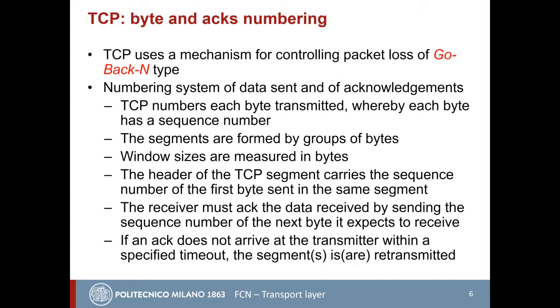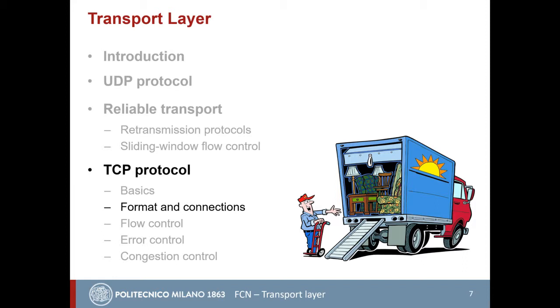So now let us first look at the format of the TCP messages, the TCP segments, and at the way to set up the connection. So this is the first phase, the setup phase. We have already seen the setup phase when we were doing these exercises about the application layer, but we always looked at it in a very schematic way. Now we are looking into the details.